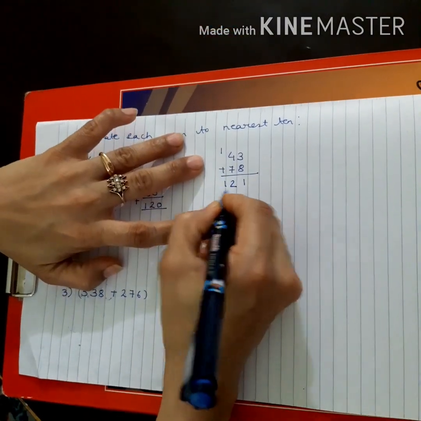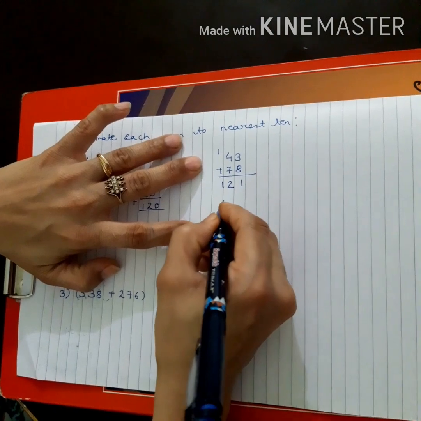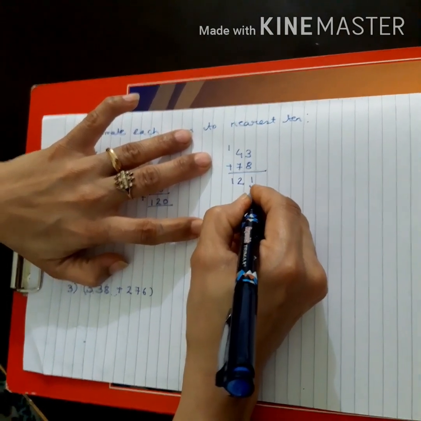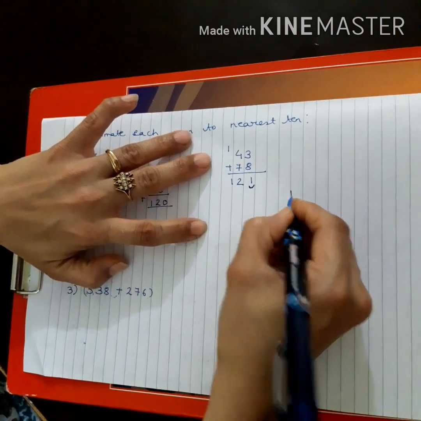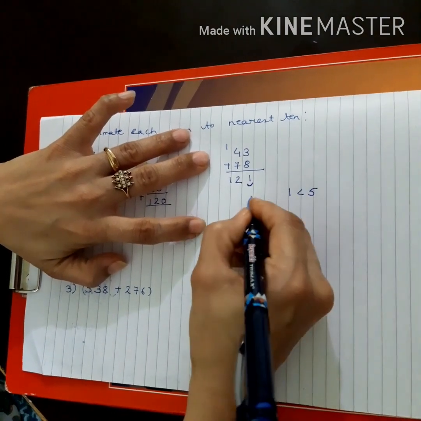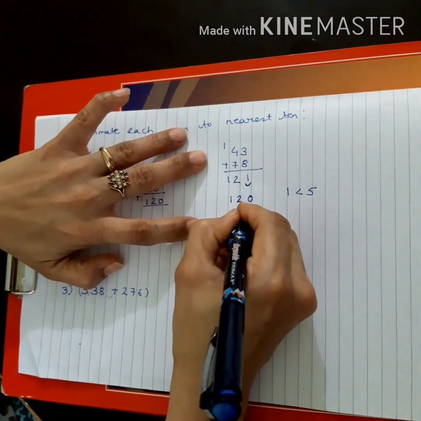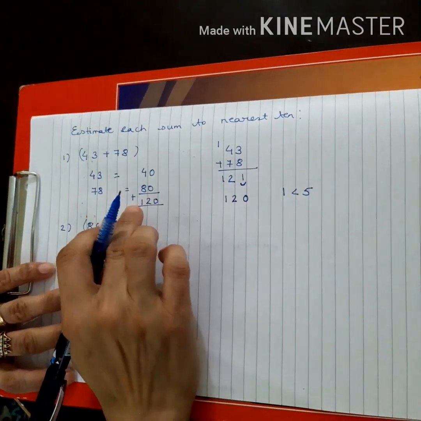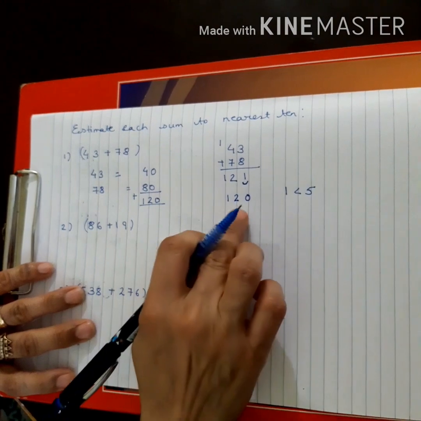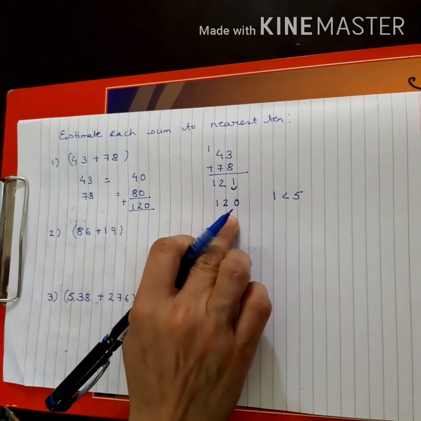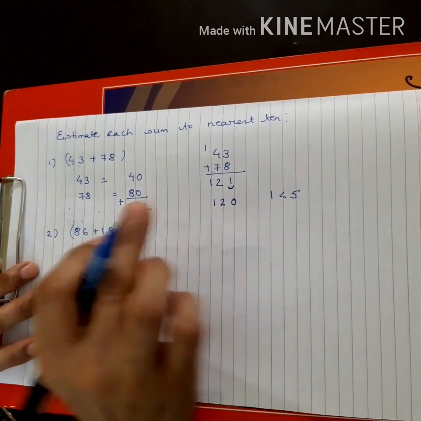Now we can round off this 121 to nearest tens. For this we will check the ones digit. It is smaller than 5, so it will become 0 and 2 will remain same. In both these cases the answer is same, but sometimes our answers vary, but both the answers are correct.